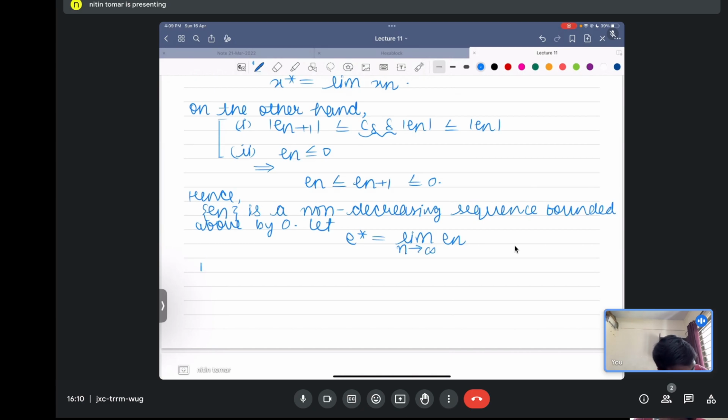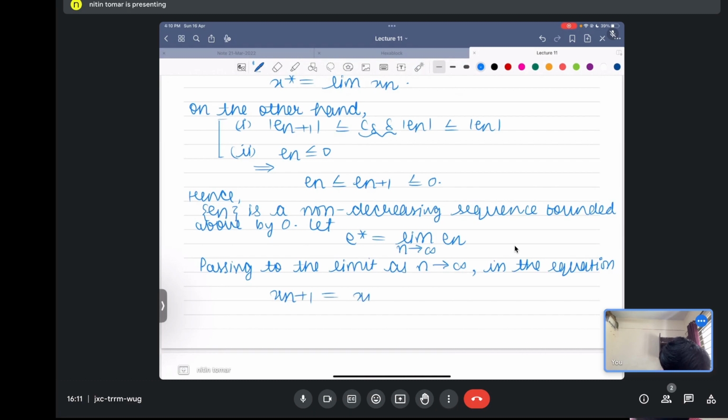Now passing to the limit as n goes to infinity in the equation, what do you get? You see, you have this equation, right?